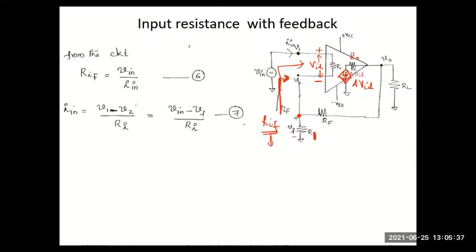So how do I define RIF in this circuit? Whatever voltage you apply as input divided by whatever current. I will assume there is a current In flowing into the op-amp because of this voltage source Vin. Let me consider In is the current going into this circuit because of the applied voltage.